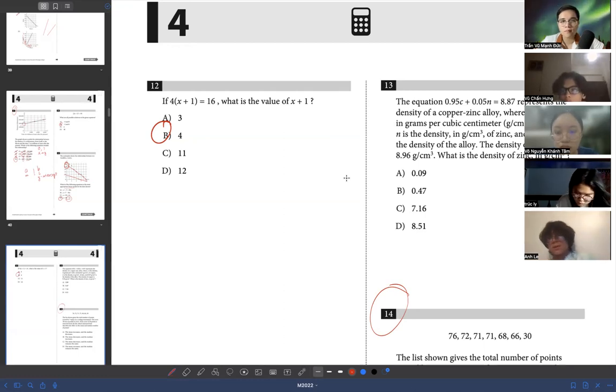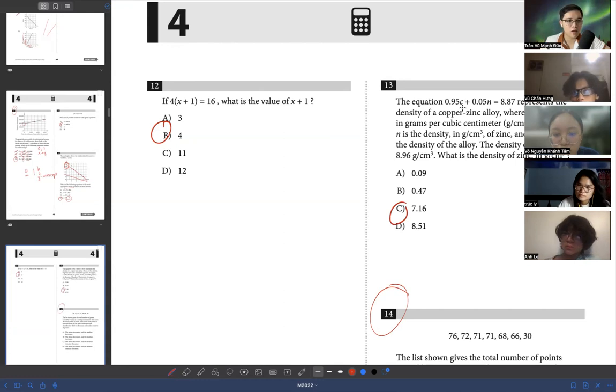Okay, 5. C. Let's see. These are pretty much distractions when it comes to maths SAT, because mostly this is the only way that the SAT can trick us.